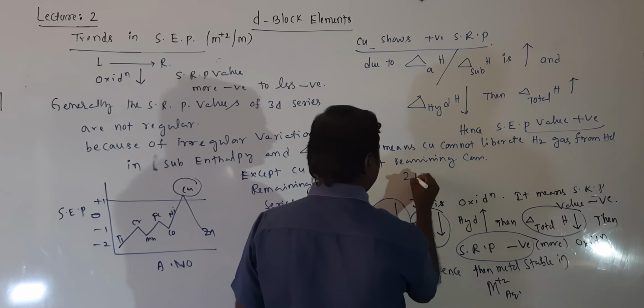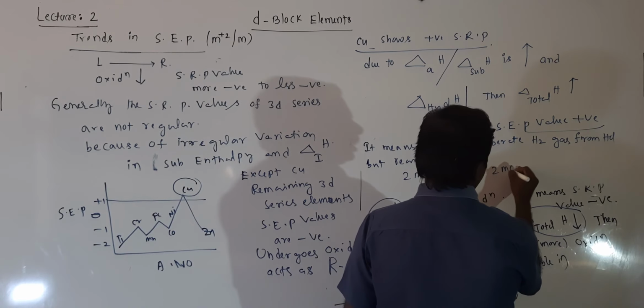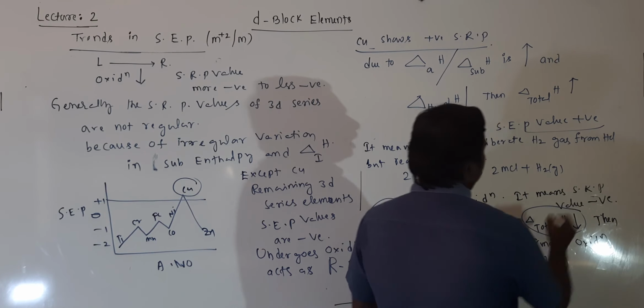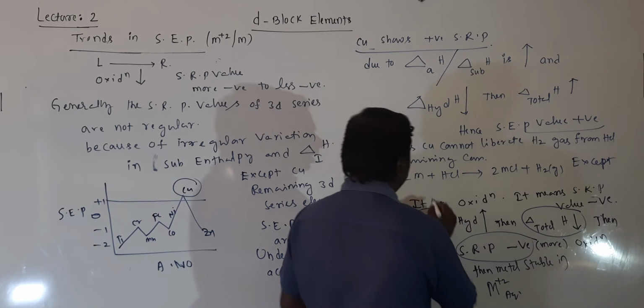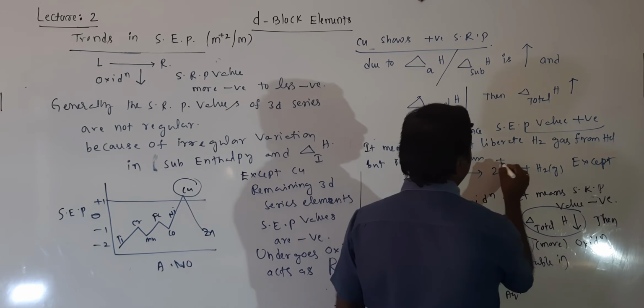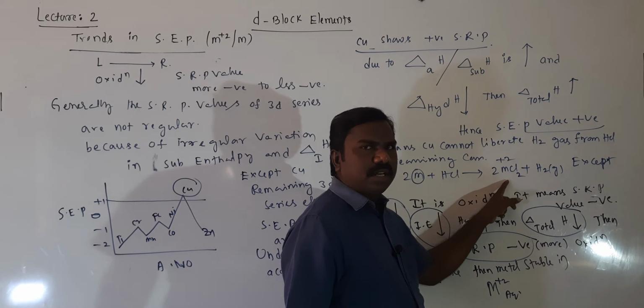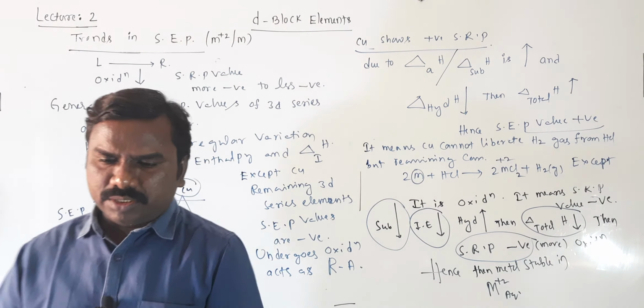For example, 2M plus HCl gives rise to 2MCl plus H2 gas, except copper, because M is converted into M plus 2.